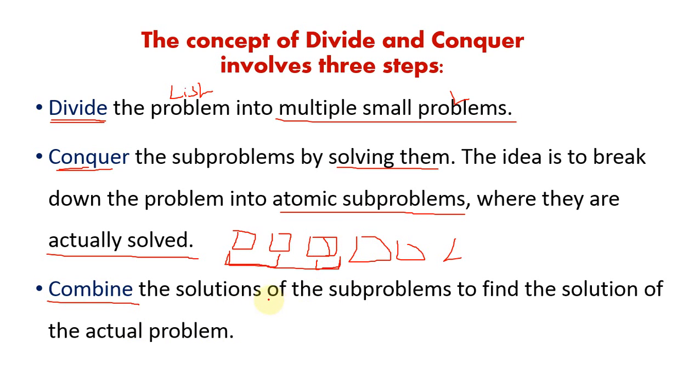Okay, so go on combining the sorted elements. Combine the solutions of the subproblems to find the solution of the actual problem. Divide it, conquer it, and finally combine it. So after you combine all the elements, you will find the complete sorted elements.